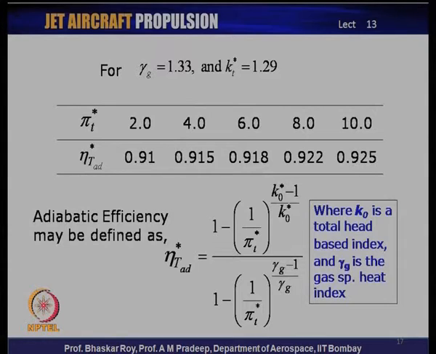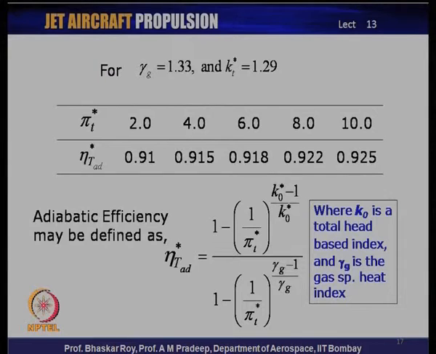The adiabatic efficiency may also be written down, the design value that we talked about, in terms of K 0, which we talked about in detail for the compressor in the last lecture, where K 0 is the total head based index, and of course, gamma g is the gas specific heat index ideal value.